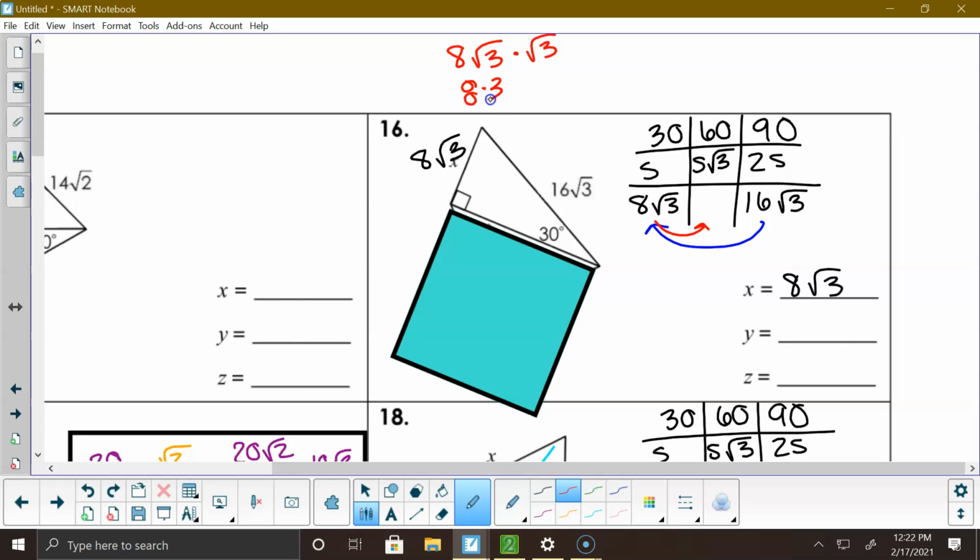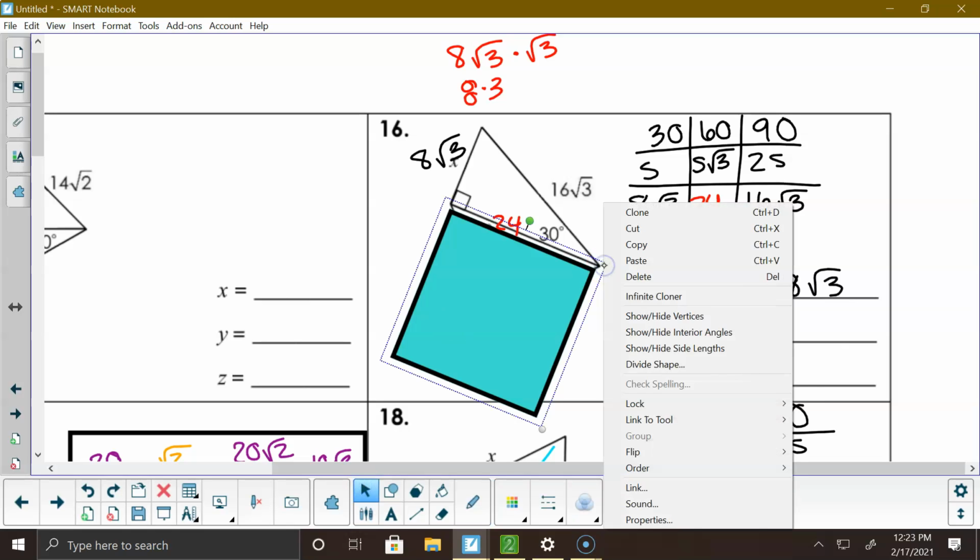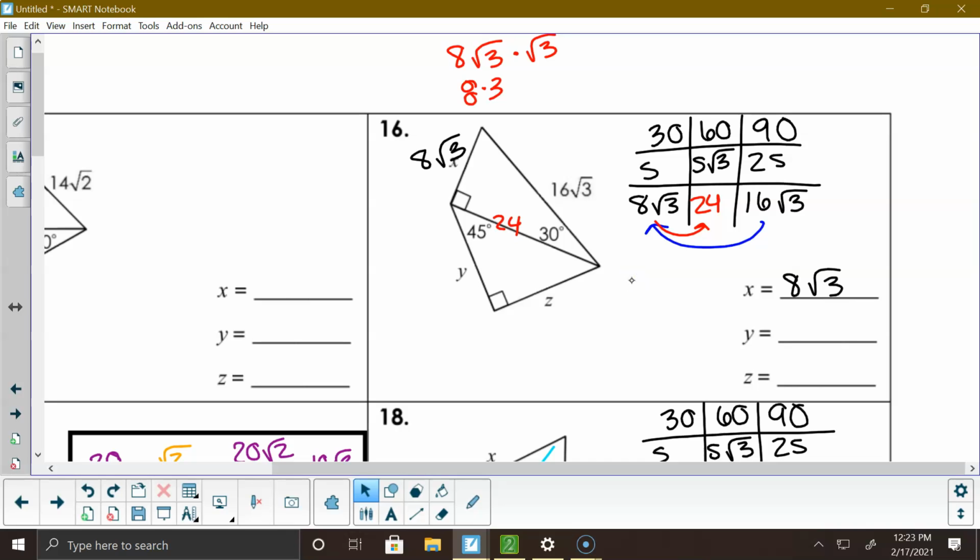So it's really 8 times 3. So that makes this side right here 24. Okay. So for this bottom triangle, this 24 would be what? A hypotenuse or a side length? Yep.